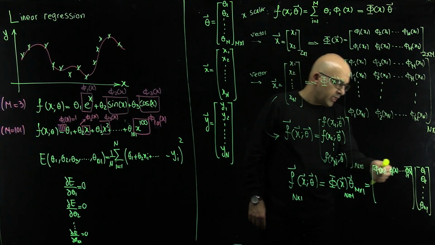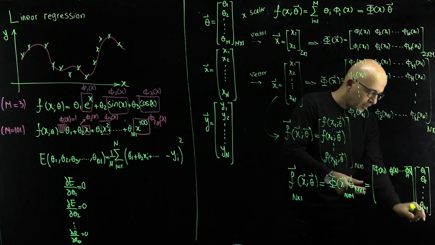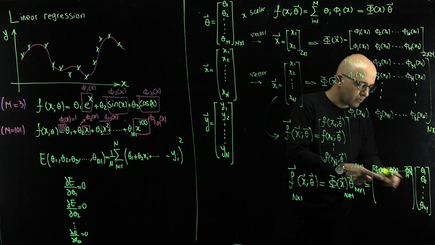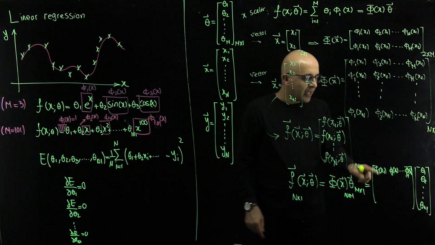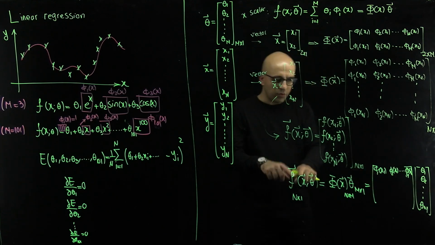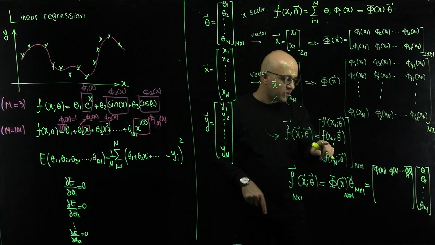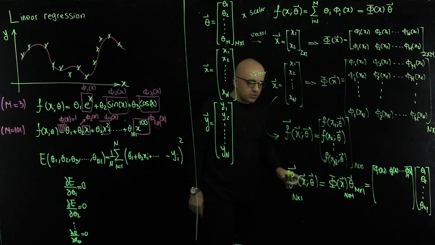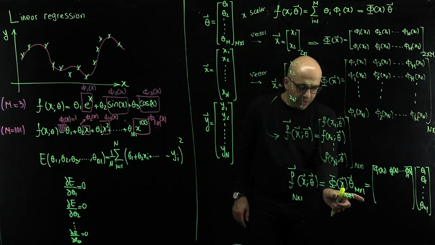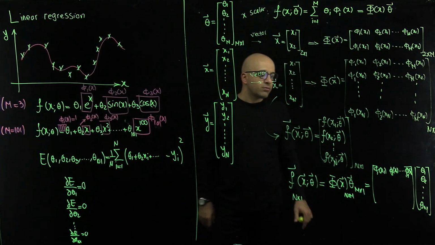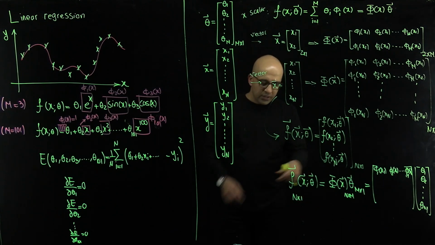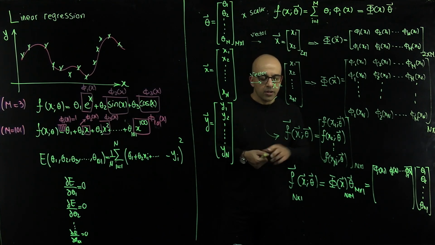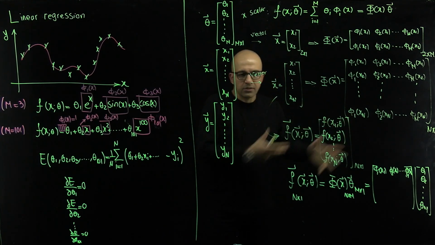The first row here is really the inner product of this first row and this column, which is the summation of phi1 theta 1, plus phi2 theta 2, all the way plus phi m theta m, all evaluated at x1. And that's what you want as the first row. And if you go to the second row, you just switch x1 to x2 and that gives you exactly that expression. So this really compact expression covers all cases of linear regression. And you will see this can help us in terms of formulating the loss function and taking the derivative, ultimately solving that linear system.